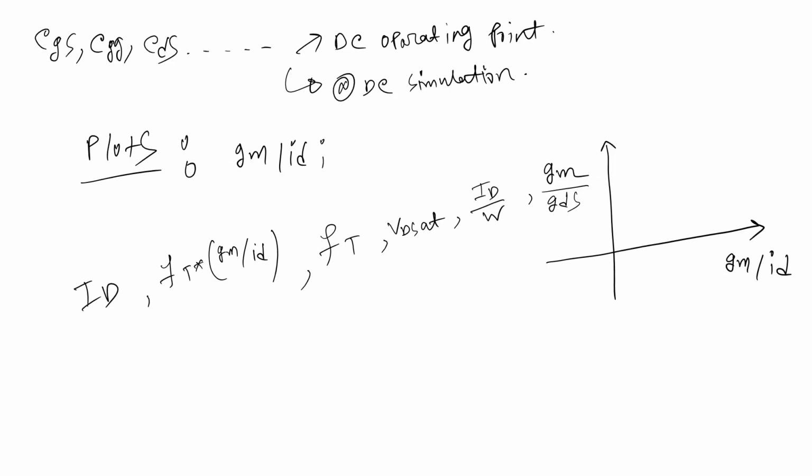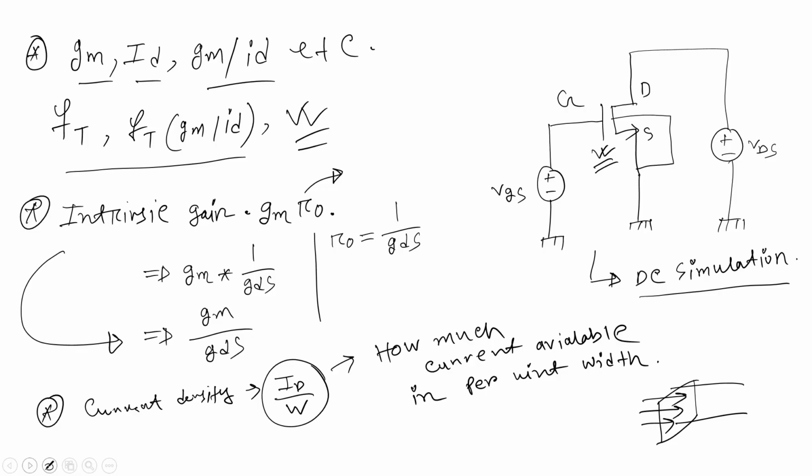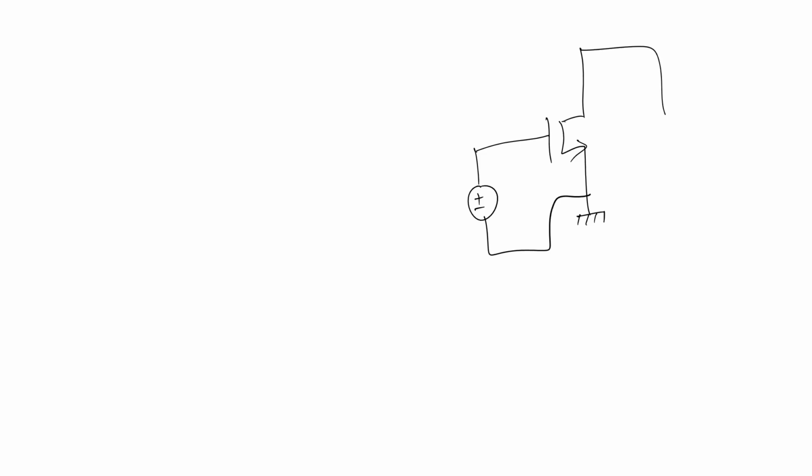ID versus GM over ID. So the summary is that you always follow GM over ID on the x-axis. But when we do the simulation in Cadence on this schematic, let me quickly draw it again. This is VDS and this is your VGS.